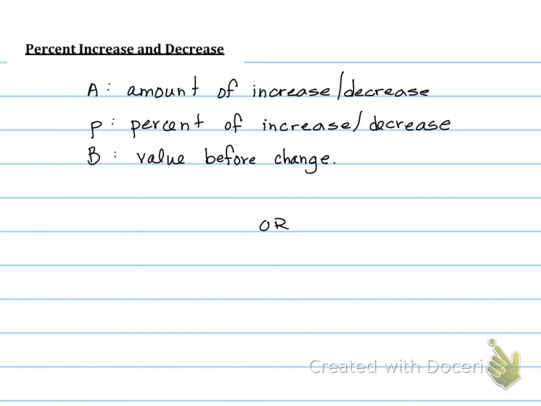Or, and this is where labeling is important, you just have to ask yourself what they're actually giving you, because there's kind of two ways to set these up. The alternative to the amount and percent being how much it is changing by is that the amount and percent is what you're left with. So depending on what they give you in the problem, if they give you a final or an initial amount, A can be the final value, the value after change.